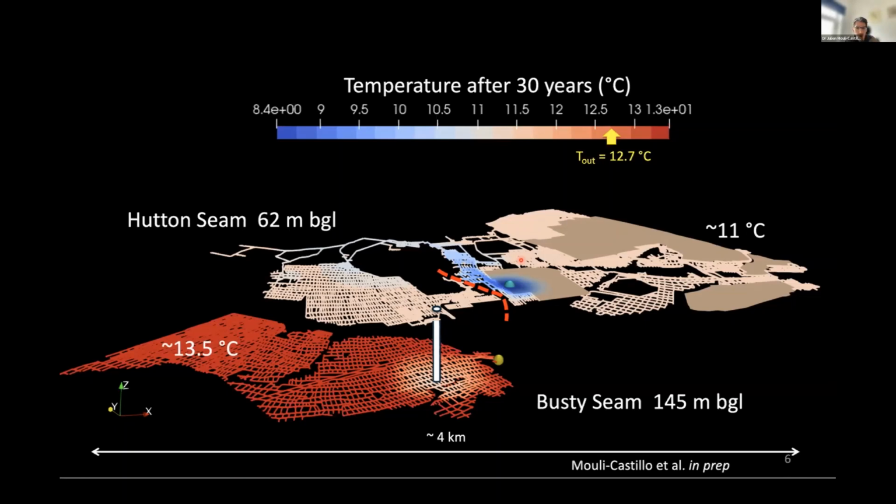You have a shaft connecting the two, and you have hypothetical boreholes here, abstracting from the deeper seam, removing around 5 degrees worth of heat from the water and re-injecting the cooler water at 8.5 degrees into the shallow seam. And what you do is you create a circulation pattern between the two boreholes, and that goes down the shaft and then towards the abstraction point.